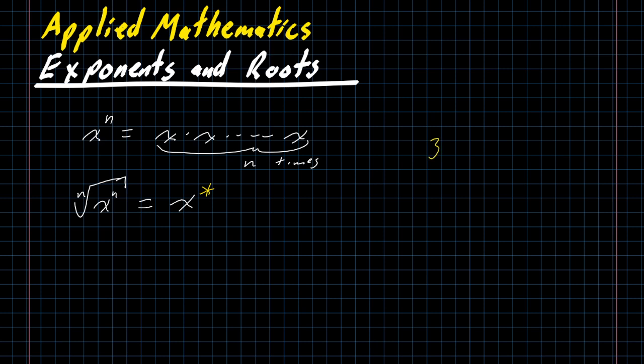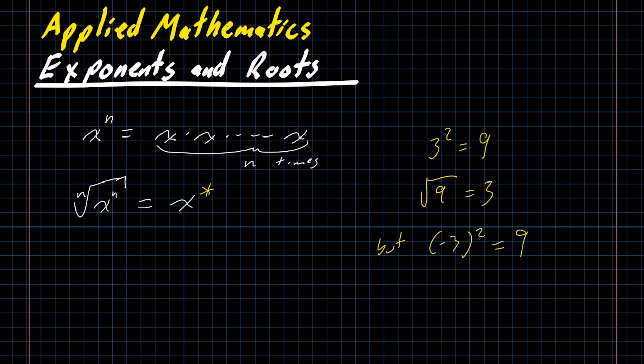Right? Sure. 3 squared is 9, and the square root of 9 is 3. But negative 3 squared is also 9. So why isn't the square root of 9 negative 3?